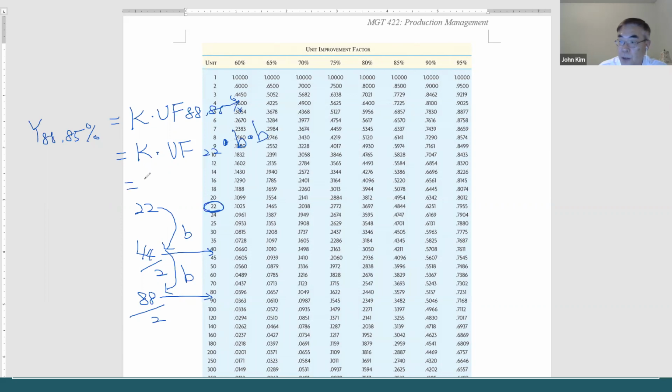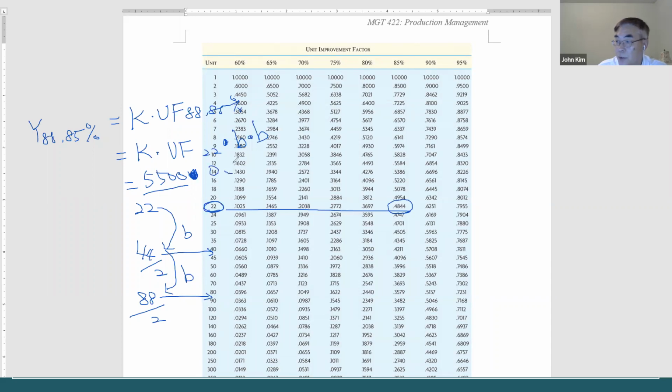So that will be the unit factor 22, which is this one.